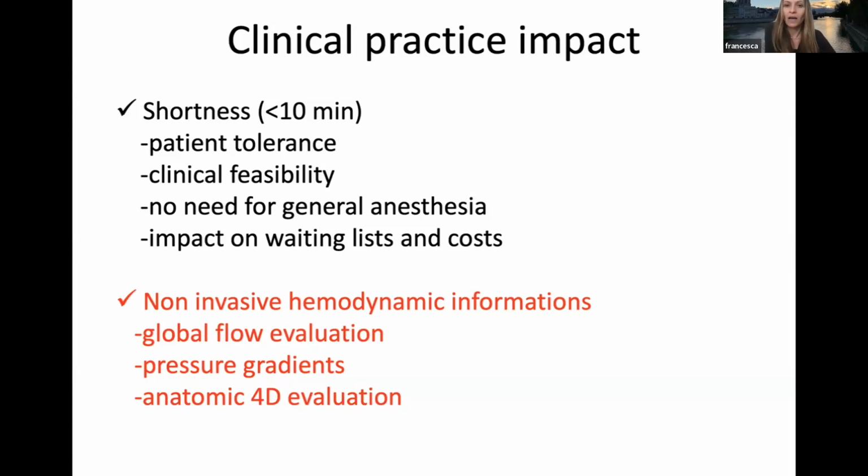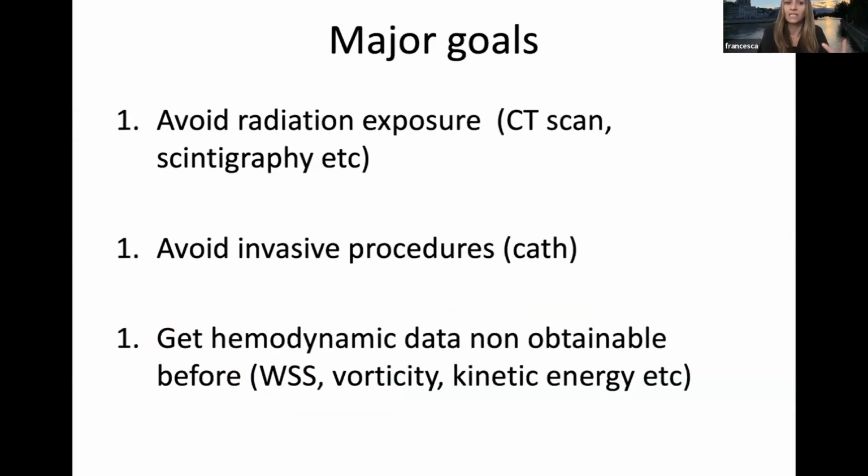And apart from all these practical aspects, with this sequence you can have access to hemodynamic, non-invasive information that you did not get with any other technique, invasive or non-invasive, because you can evaluate the global flow in all the vessels that you want in the thorax with simple and complex parameters, study the pressure gradients in a non-invasive way, and make an anatomic 4D evaluation in cine mode, so in movement.